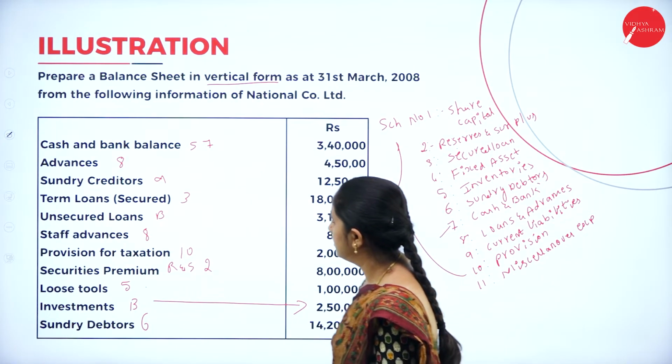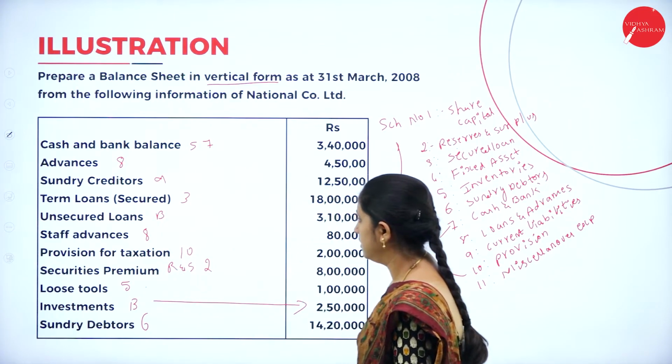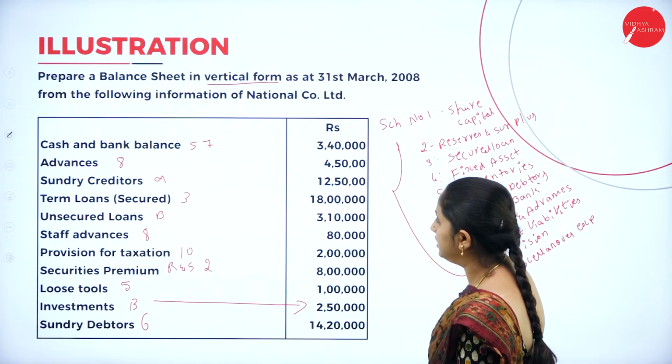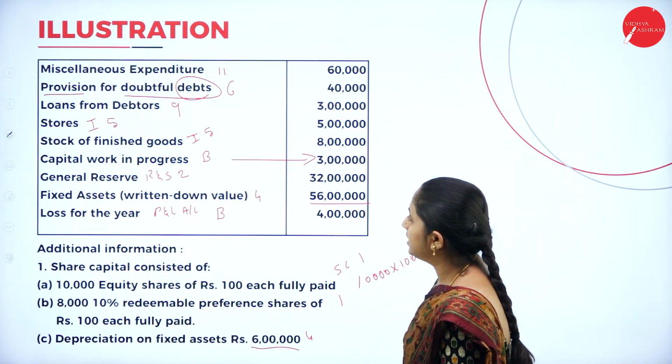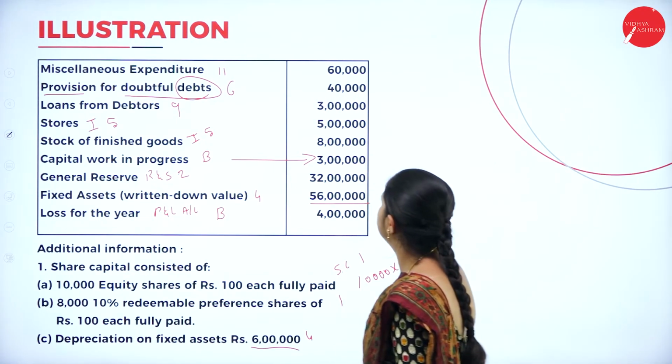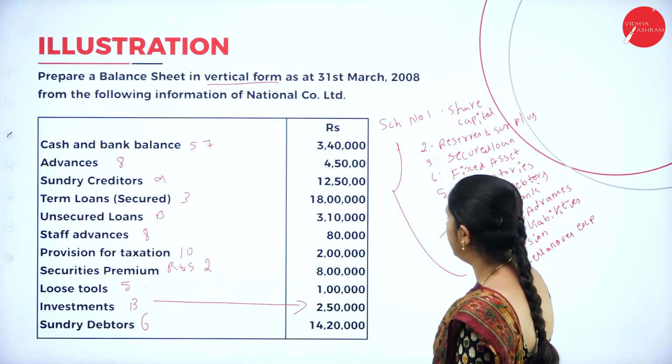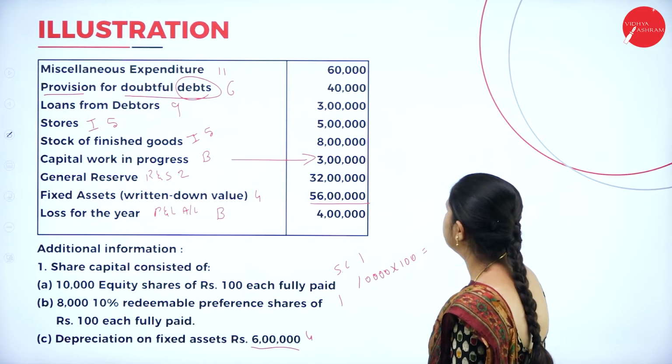For debtors, we have sundry debtors. Schedule 6 is 14 lakh 20,000. Next, bad debt 40,000. So 14 lakh 20,000 and 40,000.